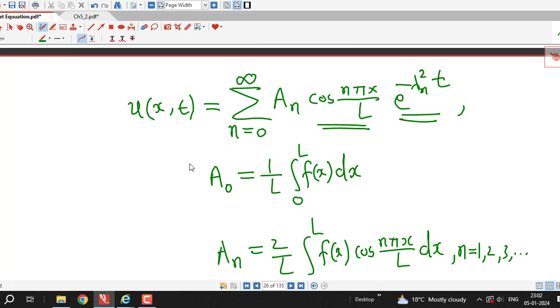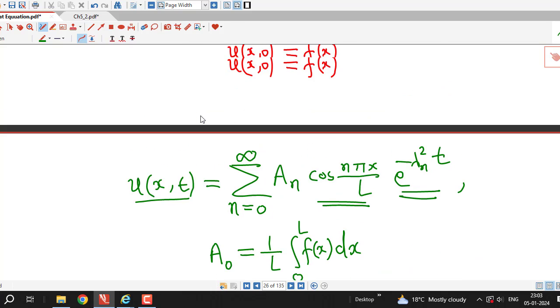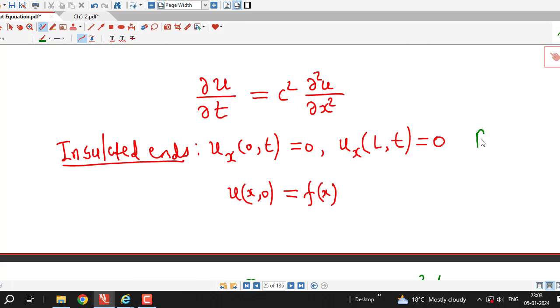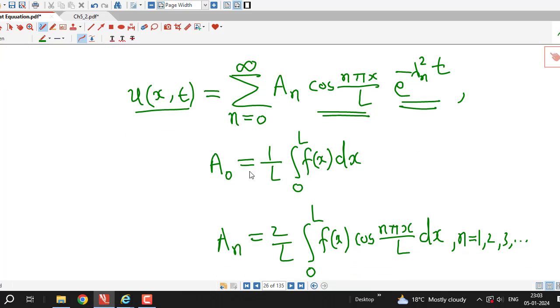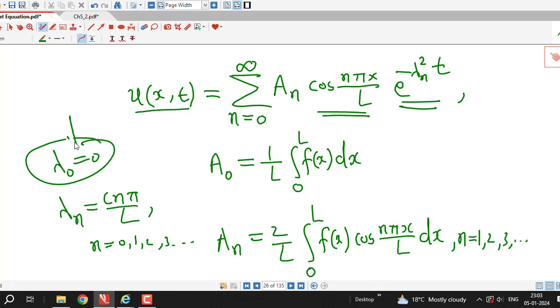So we will remember this result, that the solution of the heat equation together with these two boundary conditions and this initial condition is given by this formula, where this lambda_n is as usual c n pi over L, n equal to 0, 1, 2, 3 and so on. For n equal to 0, we will have lambda_0 equal to 0, and this eigenvalue corresponds to the solution that u equal to constant.